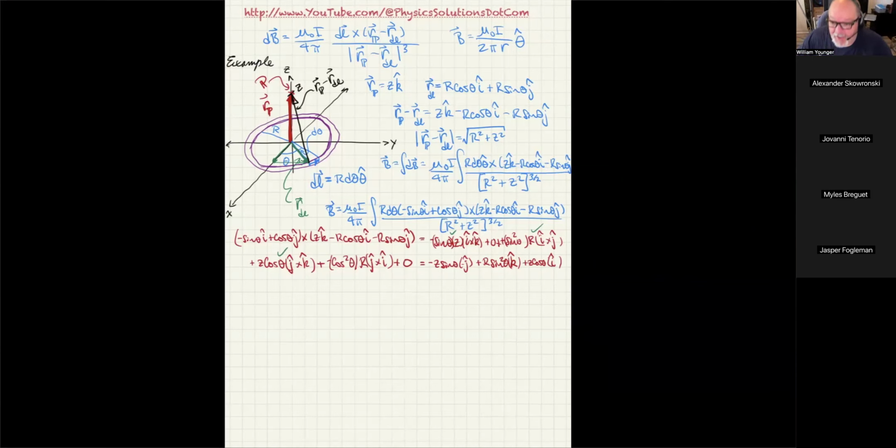So now I've completed this term, and now I've got a negative r cosine squared theta j hat cross i hat. J hat cross i hat: j hat is the y one, so that's pointing to the right. I'm crossing that with i hat, which means sticking out of the board, and that's giving me a negative k hat because my right thumb is pointing down.